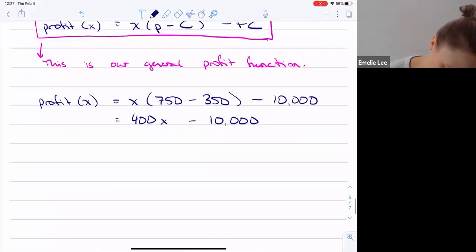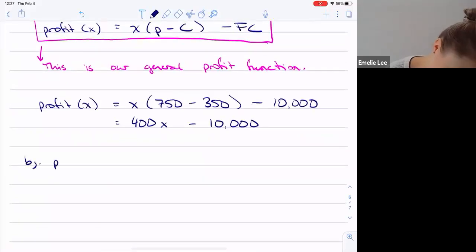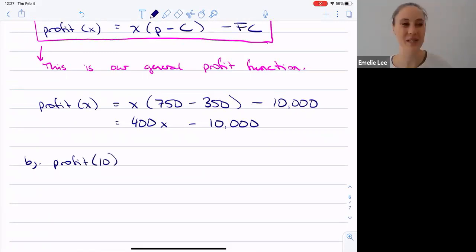I'll call this part B. What it's asking me to find is the profit of 10, right? Remember, we use this function notation to say, okay, I'm letting X be 10, all right?